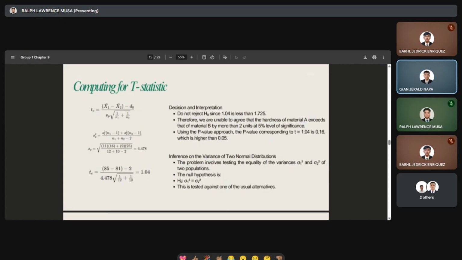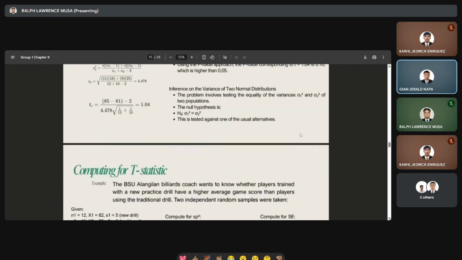So, iba siya dun sa ating null hypothesis previously, since instead of the mean of the population, we are testing the difference of the standard deviation of the population. This is tested against one of the usual alternatives. Next slide, please.